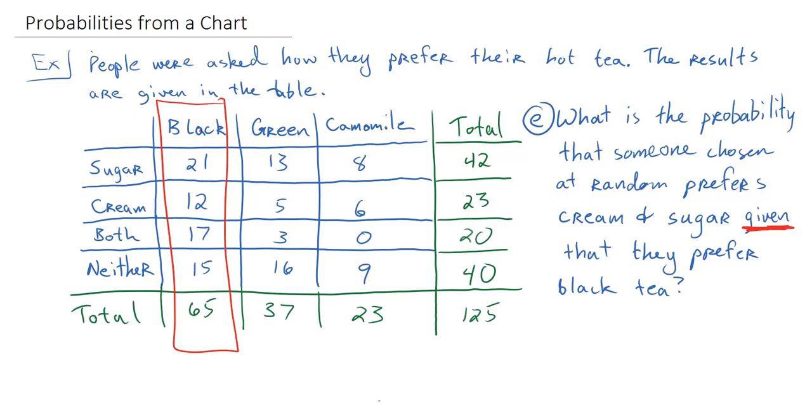Now the number that preferred cream and sugar in that column is our 17. So that's going to be our numerator. Given that they prefer black tea, there are 17 of them that prefer cream and sugar. Now our total in our black column is the 65 there. So that's going to be our denominator.